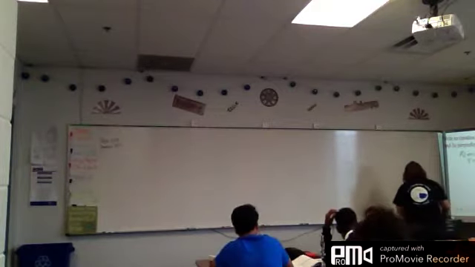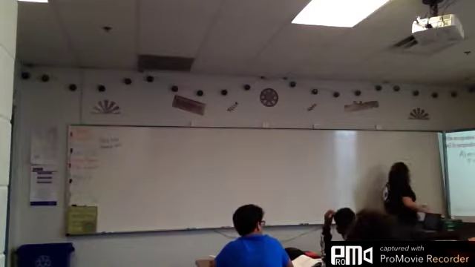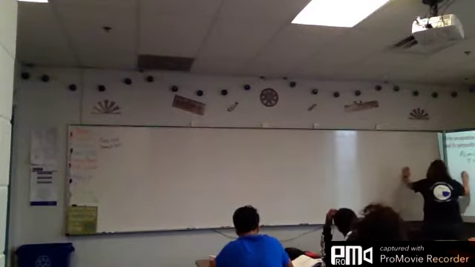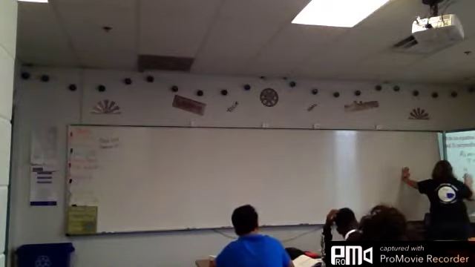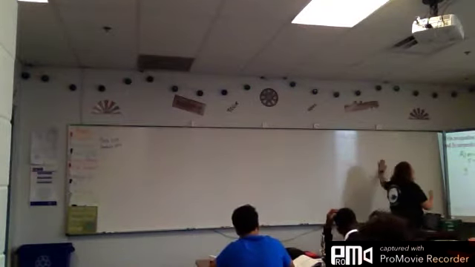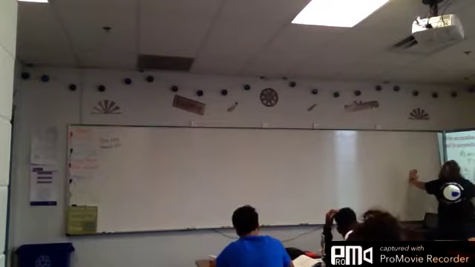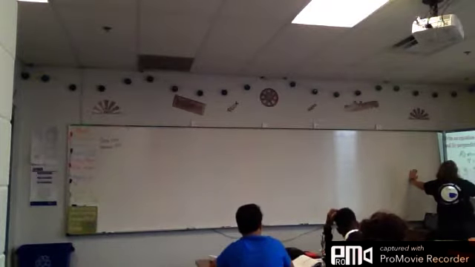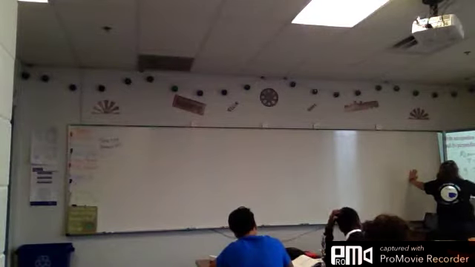Y minus y sub 1 equals, okay, y minus 3 equals, and what goes here? Negative 4 times x minus what? Negative 2.